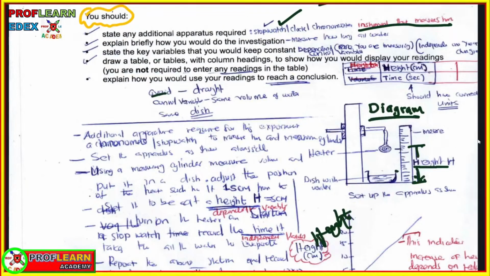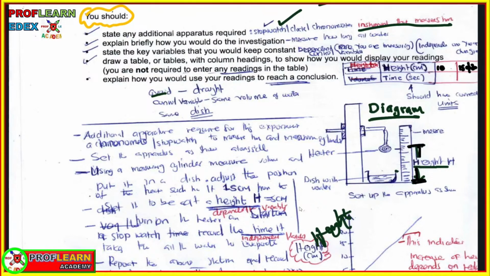So one of the variables that I'm going to measure is the height of where the heater is, so that I vary it. Say, at a height of 10 centimeters, at 15 centimeters, at 20 centimeters, I time how long it takes this water to evaporate at 10, at 15, and at 20.